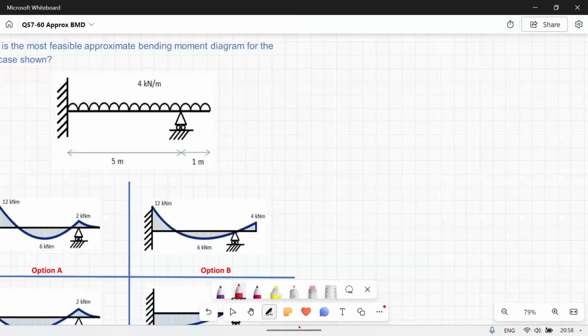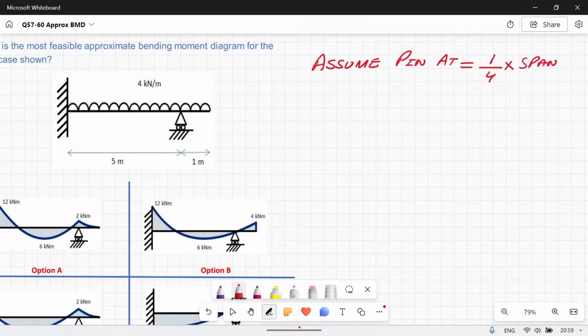Here firstly I will assume the pin or point of contraflexure at 1/4 of span. Span here is 5 meters. 1/4 of 5 will give me 1.25 meters.